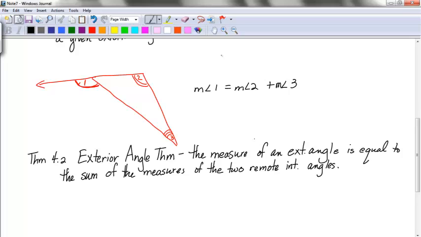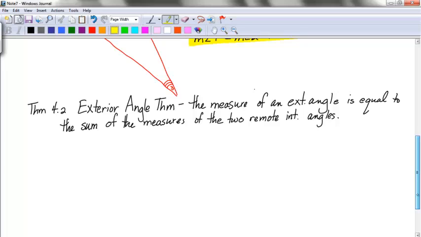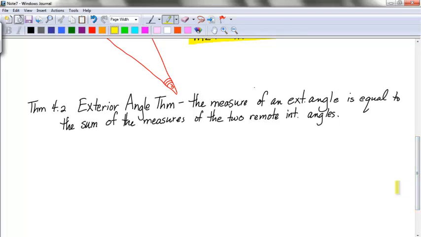So that's basically saying in words what we're saying up here. The exterior angle equals the sum of the two remote interior angles. The measures are the same.